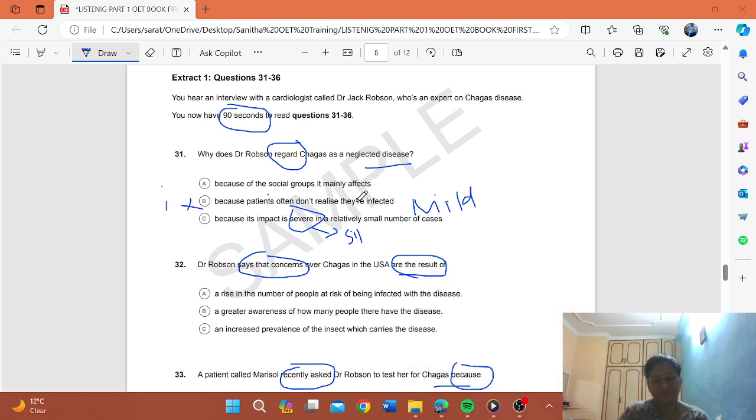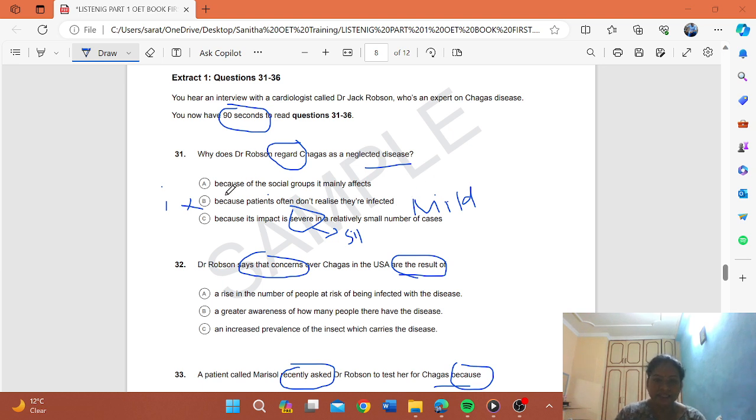See, I told you, you have to do the elimination technique. Okay. In option B, he said people don't realize they have been bitten by an insect carrying the organism, but the symptoms will be mild.